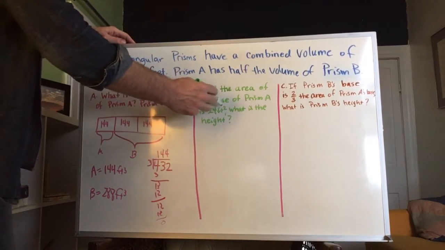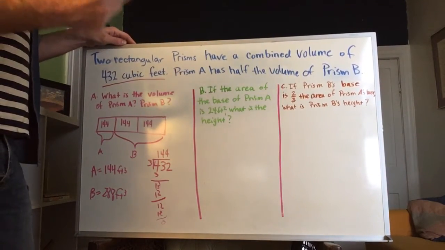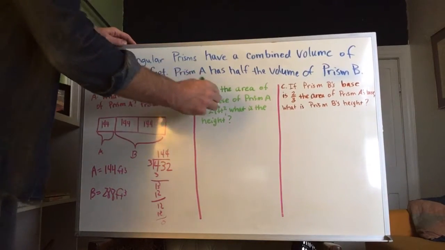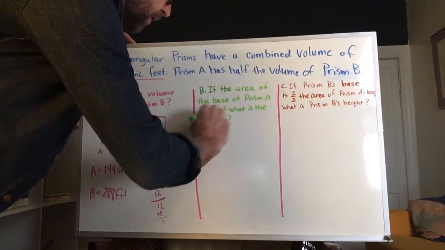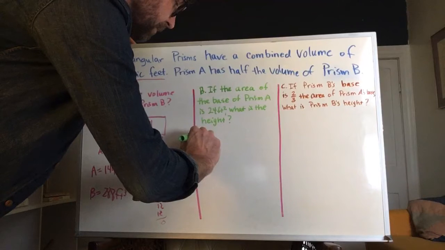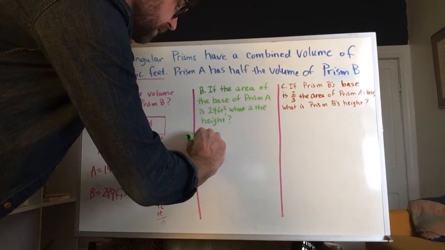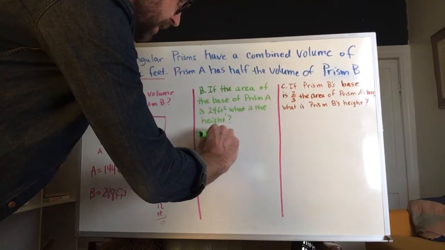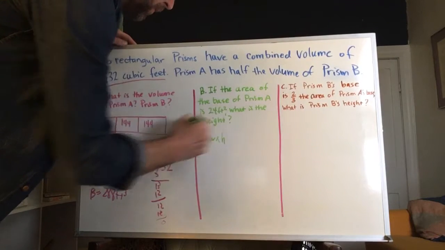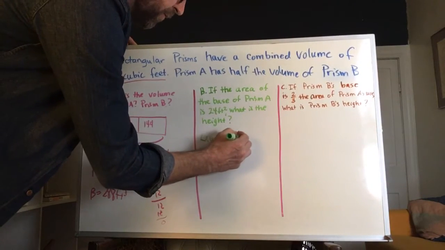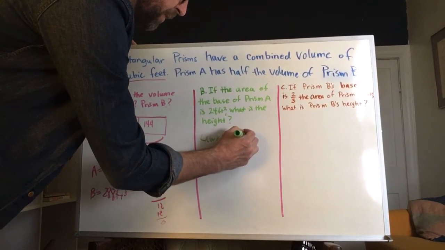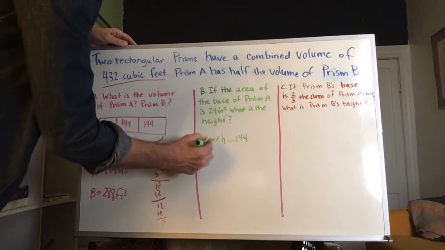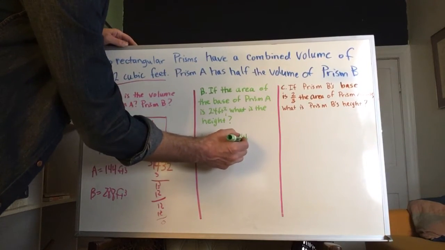So this 24 already gives us 2 parts of that equation, right? This is going to be length times width. So we know that volume is length times width times height, and we know that's going to be 144 from part A of the problem. So we know length times width times height is 144.